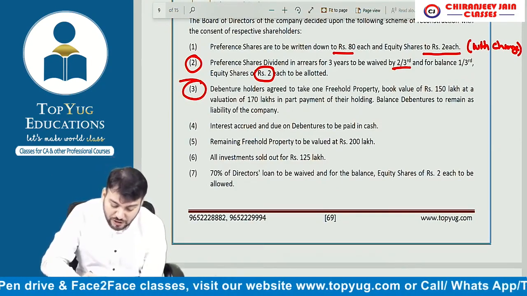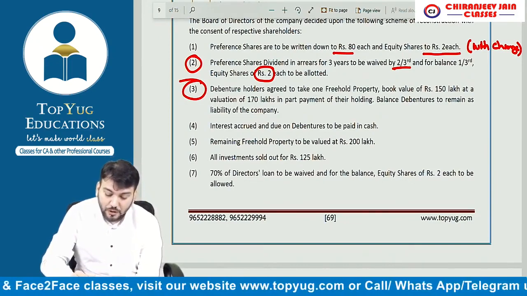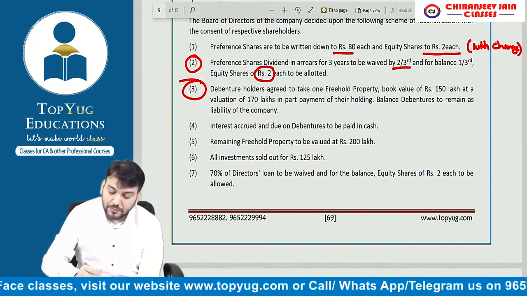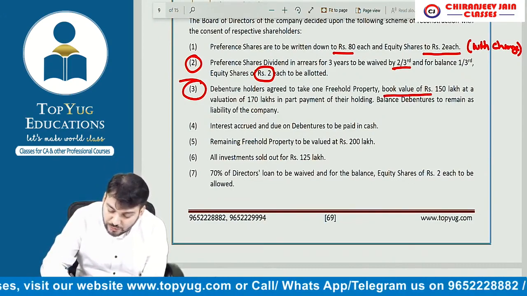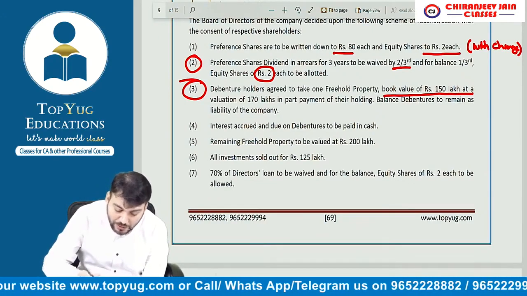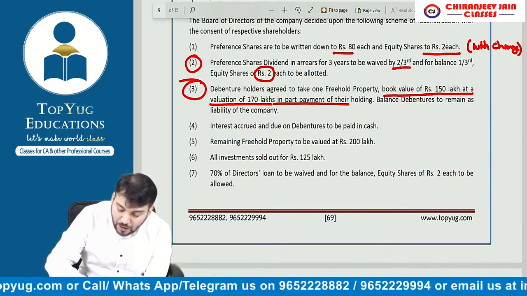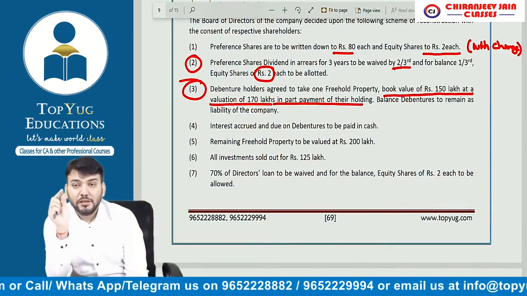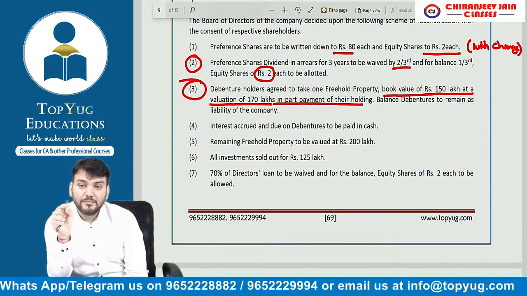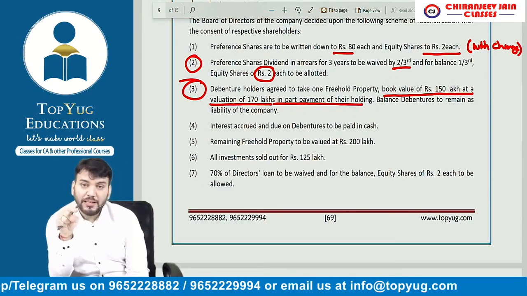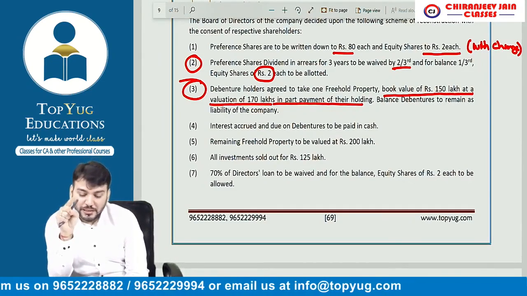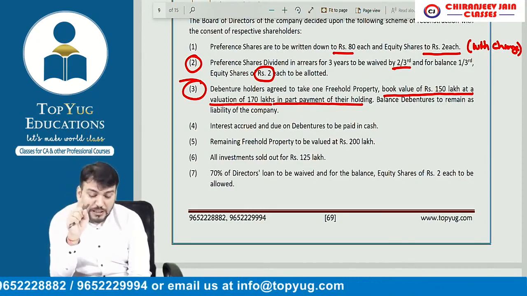Debenture holders agree to take one freehold property, book value of which is 150 lakh, at a valuation of 170 lakh in part payment of their holding. Means debenture holders have taken one freehold property whose book value was 150 lakh at 170 lakh.